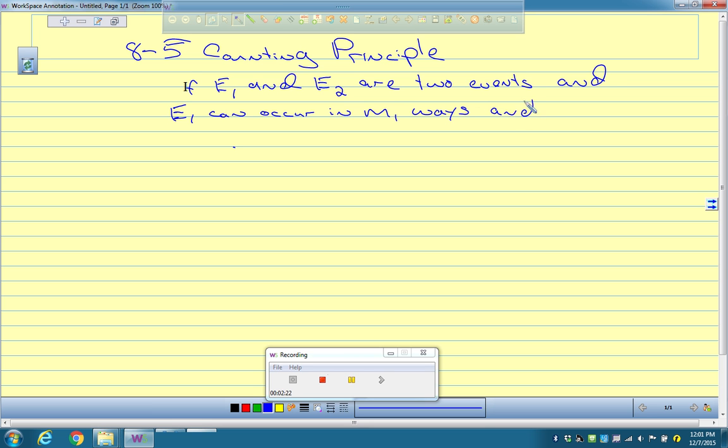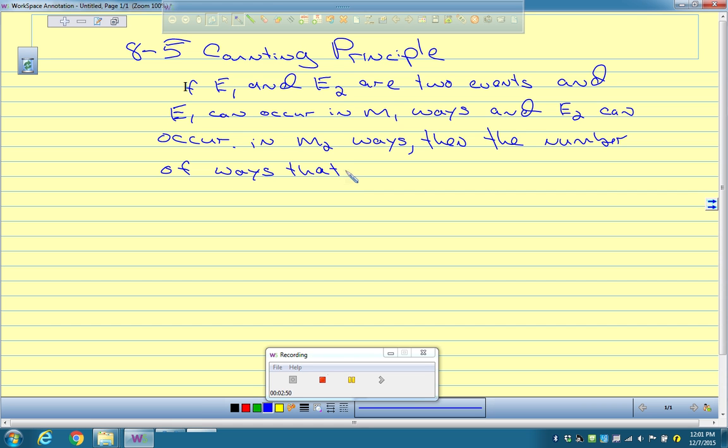And E sub 2 can occur in M sub 2 ways. Then the number of ways that both events can occur, and you kind of already know this, is M sub 1 times M sub 2.